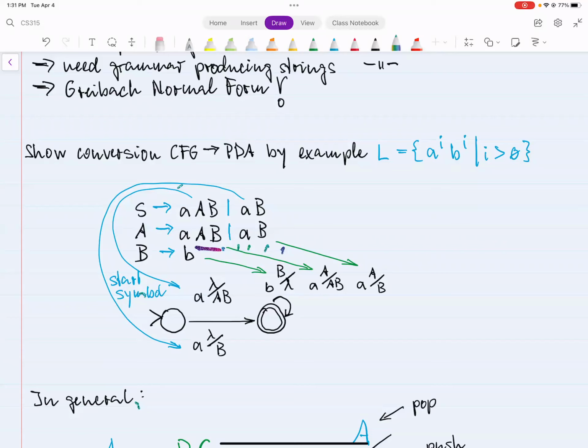There's no ambiguity because we always have these matches. Okay, we have the input symbol and whatever's on the stack, and that potentially creates new work like here. And we keep going. All righty. So that was interesting.